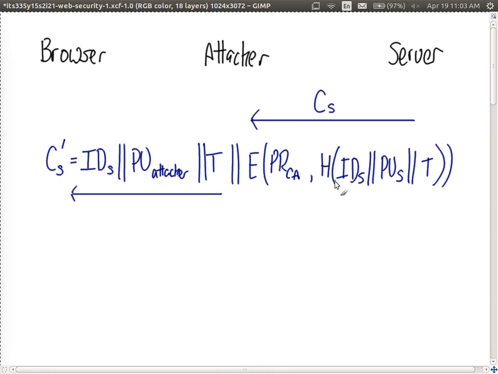The original hash of the ID, public key, timestamp, encrypted with the private key of CA, produces the signature. So this component is the original signature.